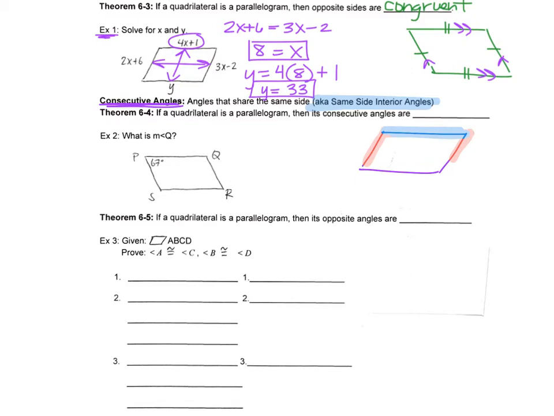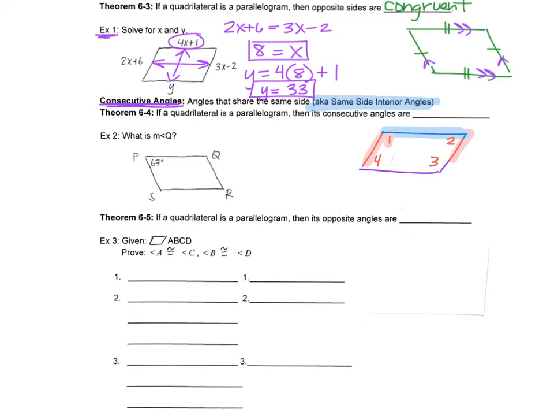So, for instance, if I had angle 1, angle 2, angle 3, and angle 4, we would say 1 and 2 are consecutive, or 2 and 3 are consecutive, okay? So this theorem says if a quadrilateral is a parallelogram, then consecutive angles are, you should know this one, supplementary, right?